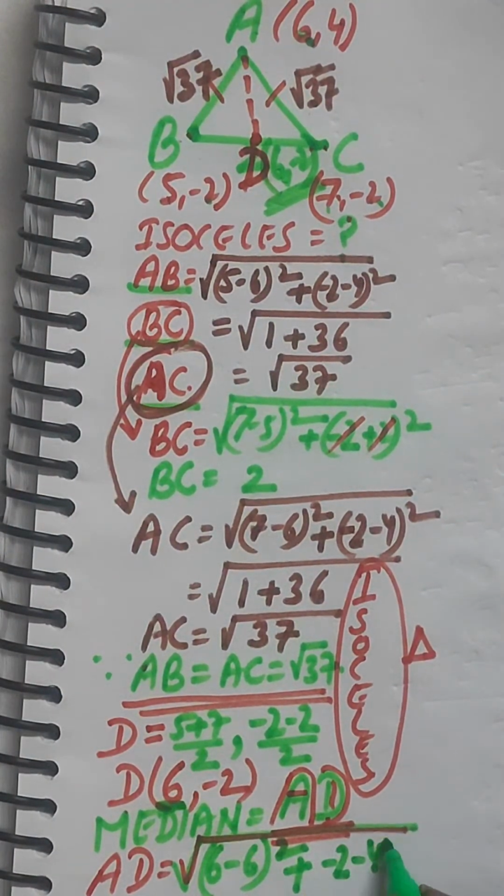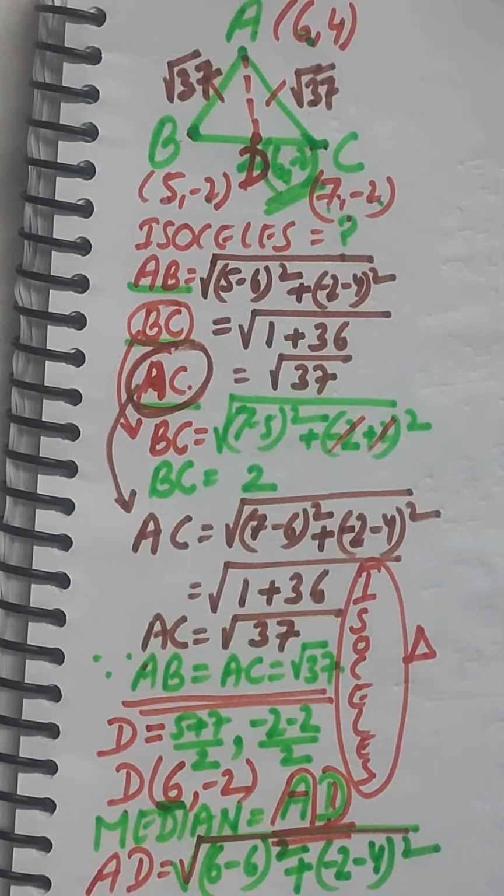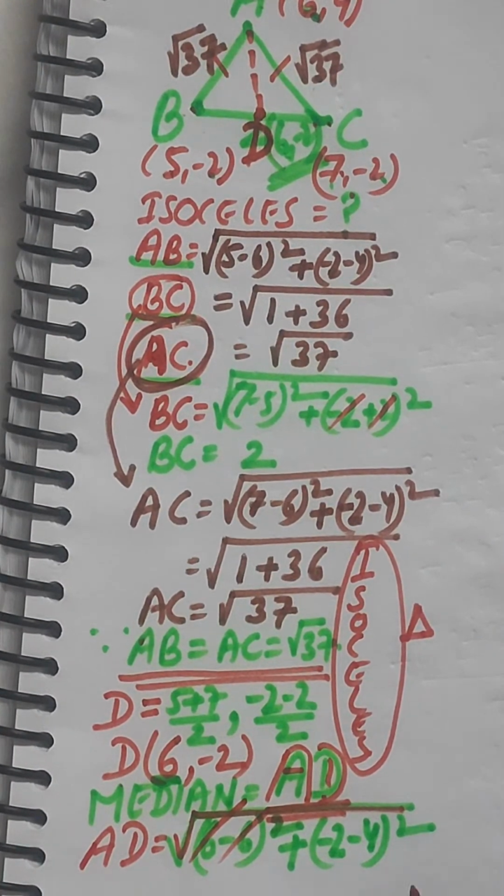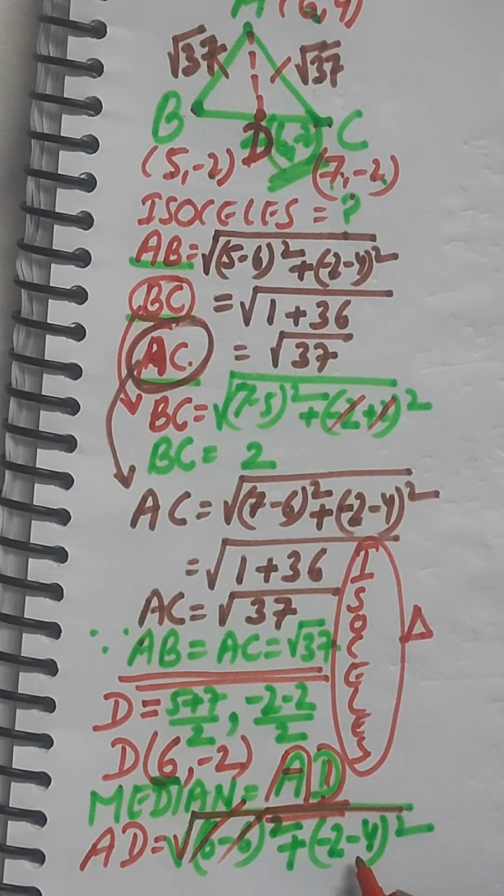So 6 minus 6 is 0, this will be cancelled, and minus 2 minus 4 is minus 6, whole square.